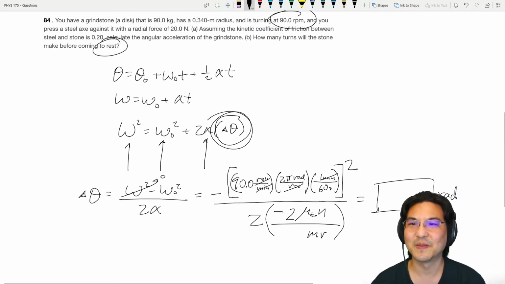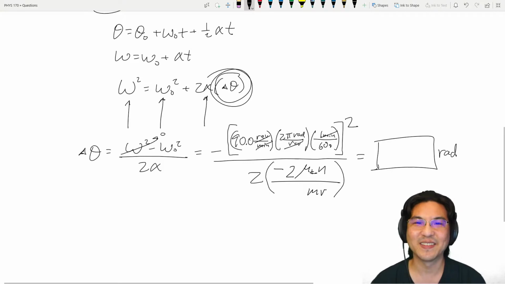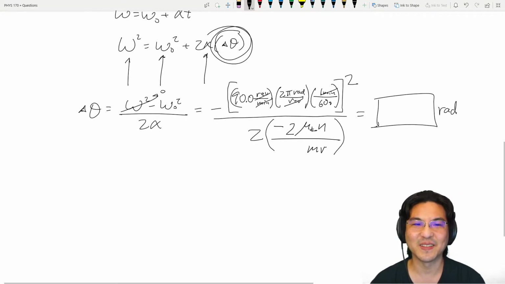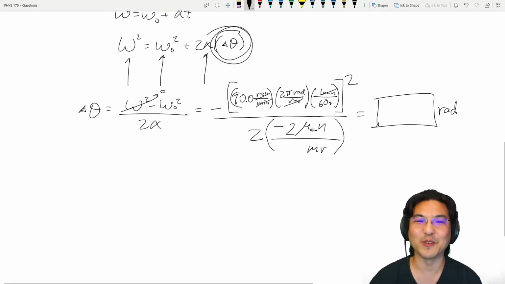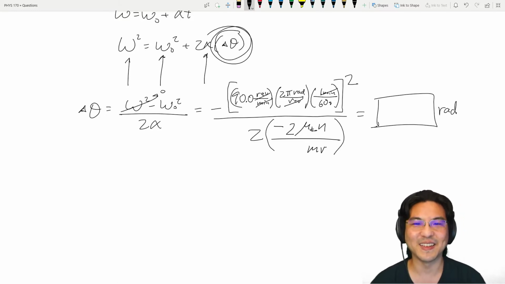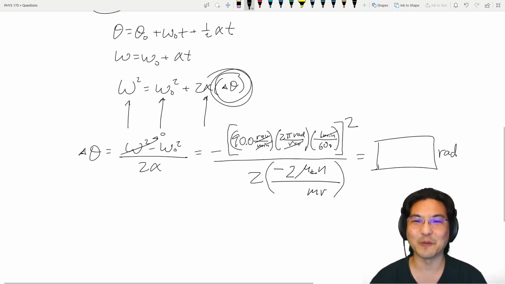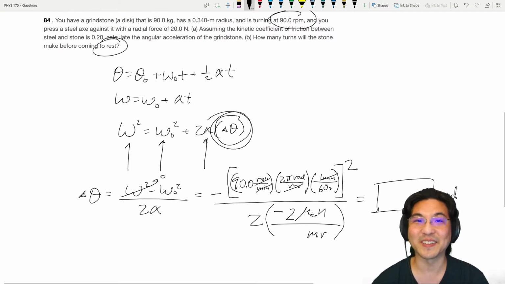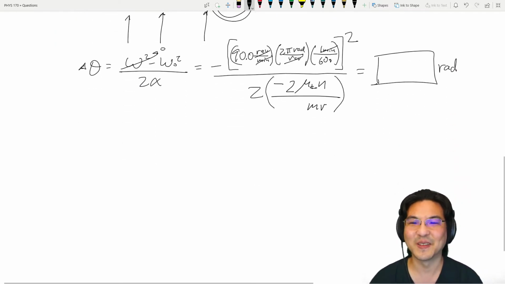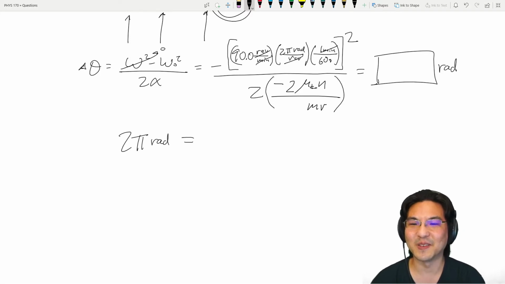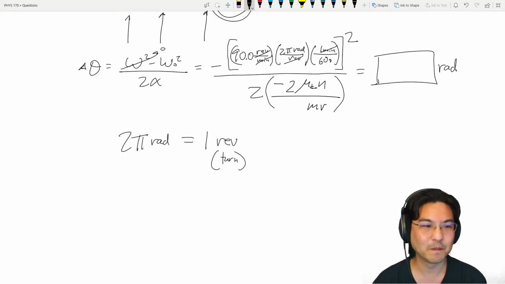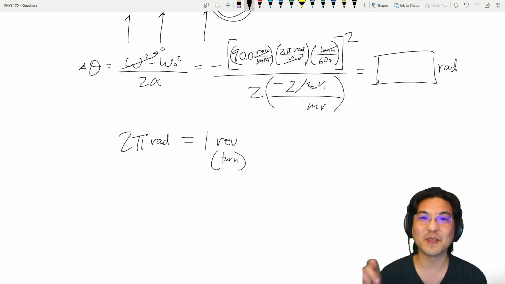So how many turns is that? You would have to convert back to revolutions, but I wanted to keep it in SI units. I would ask things in SI units. So 2 pi radians is 1 revolution, which is a turn. So that's the conversion factor. Okay, I hope that's helpful. I'll see you on the next video.